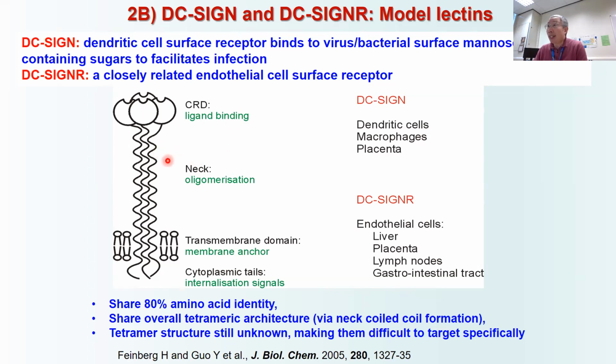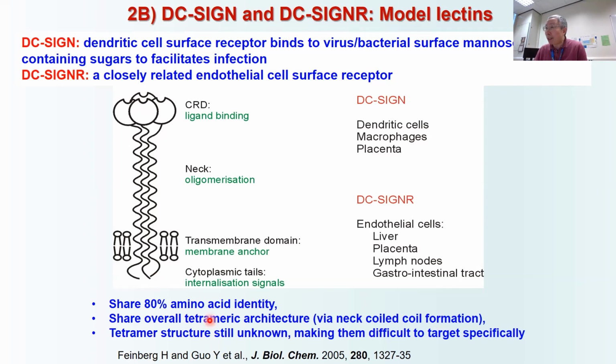These 2 lectins are actually very similar. They both form tetrameric structures, containing 4 sugar binding domains initiated by the neck region through coiled-coil formation. And of course, they have the transmembrane part and then the cytoplasmic tail that gives the internalization signals.